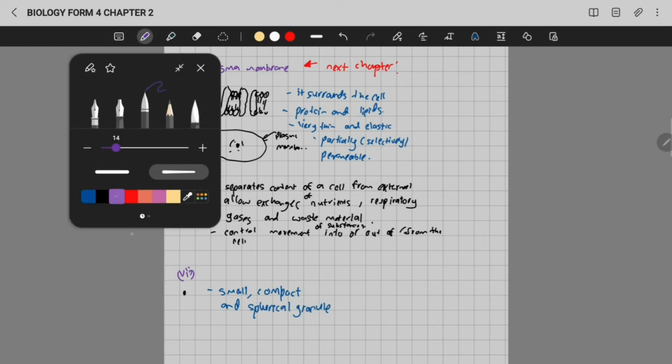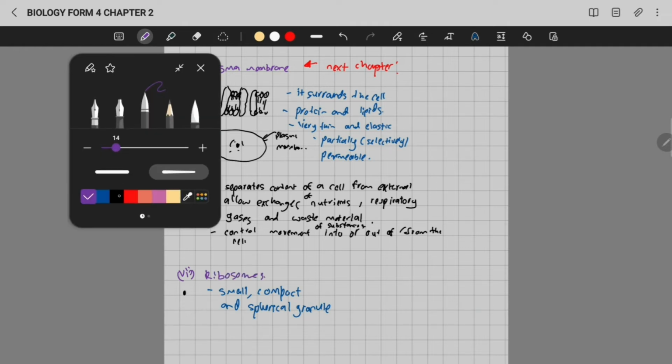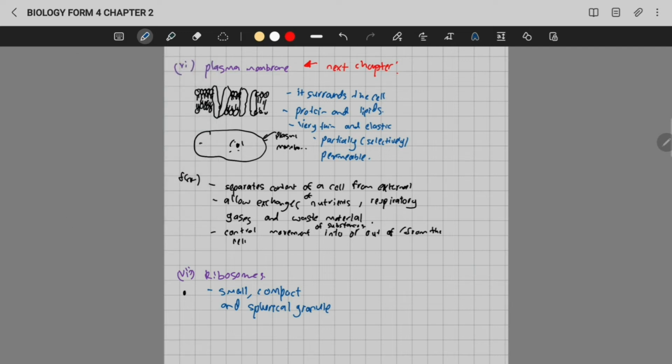Oh, I forgot to write here, the ribosomes. They consist of protein. Again, we mentioned protein. Protein is an important chemical substance of the cell. You will learn later.